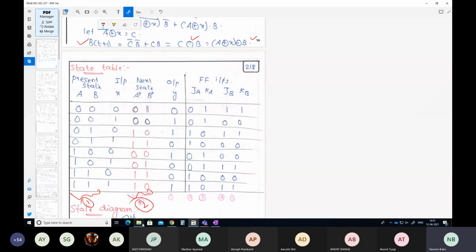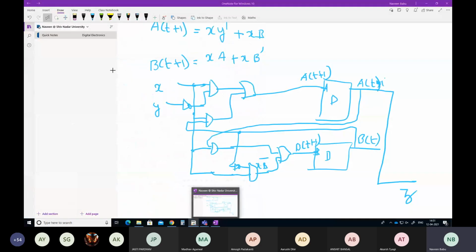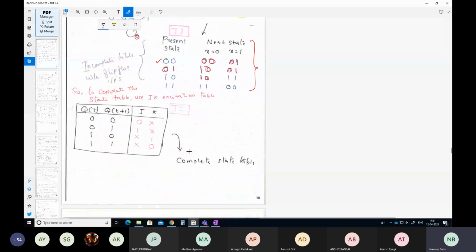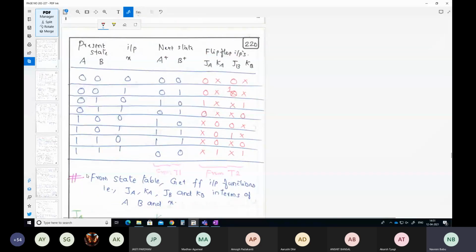So we can fill this out now. This we will fill up at the last, third step. So we have our present state, and obviously we will have our input also. These first three columns will be filled up with all possible input combinations, 0, 0, 0, 0, 0, 1, likewise till 1, 1, 1. And we already have the next state.